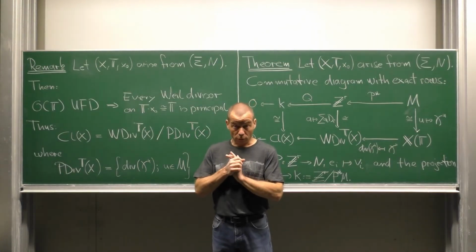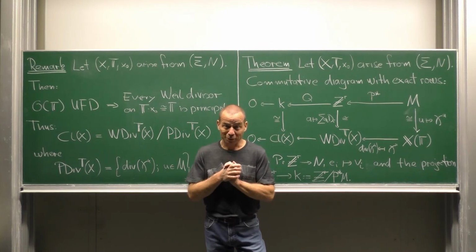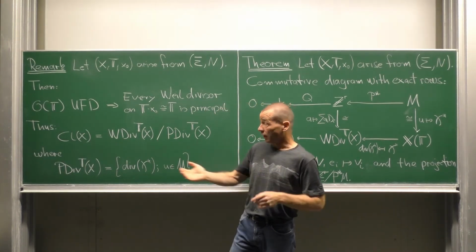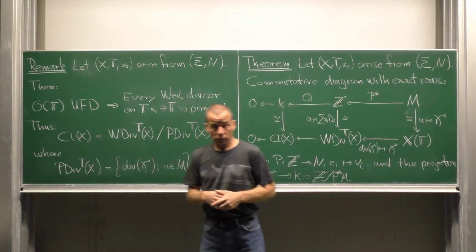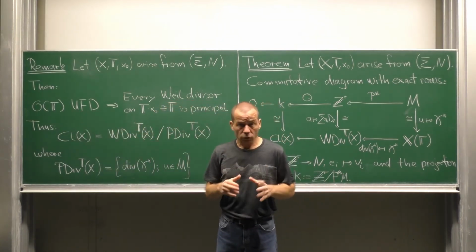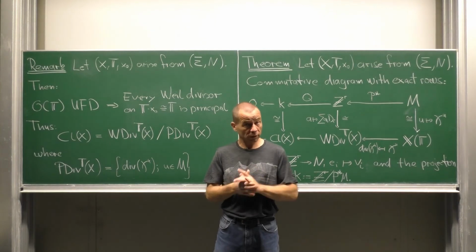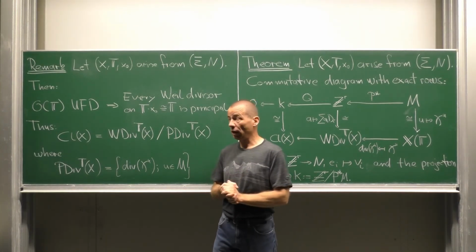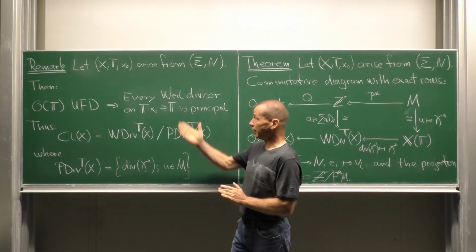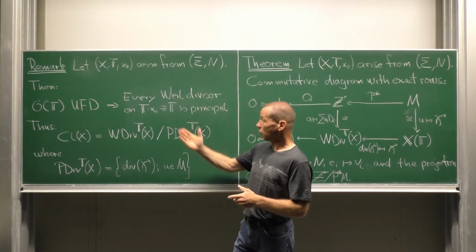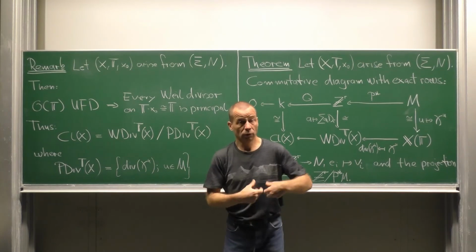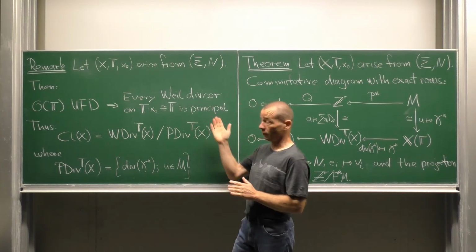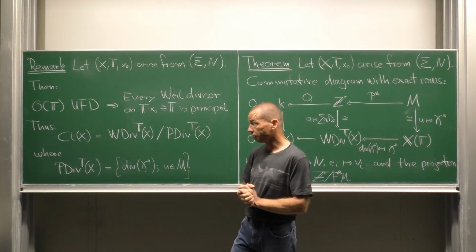Here are some thoughts about the divisor class group of a toric variety. The algebra of functions of the torus is a Laurent monomial algebra, so it is a unique factorization domain. The latter means that every Weil divisor on the torus, and also on the torus orbit through x_0, is a principal divisor.